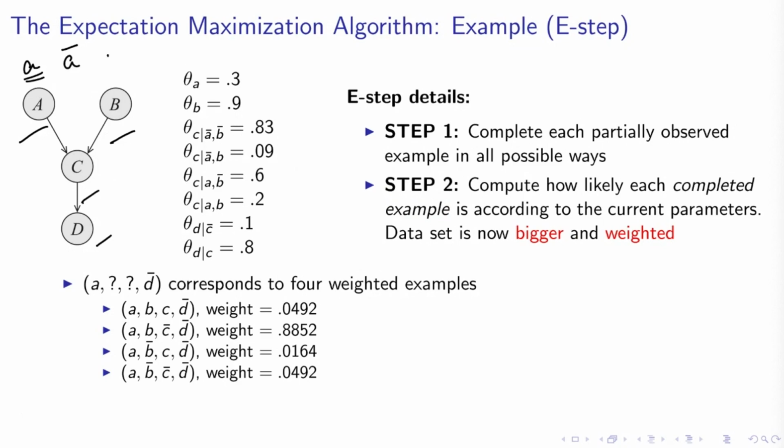Similarly, we have B and B bar, C and C bar, and D and D bar. The parameters of the model are denoted by the letter theta.